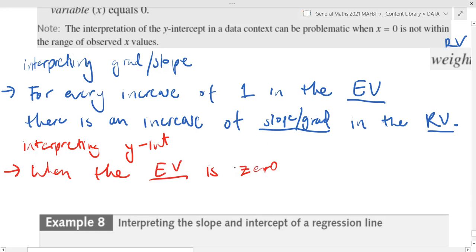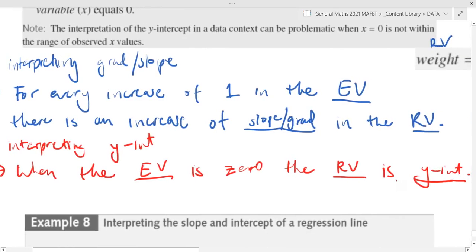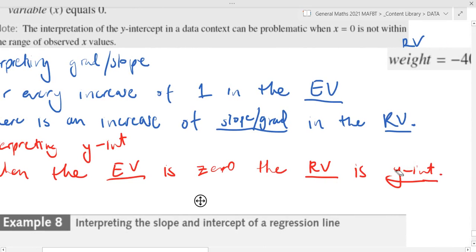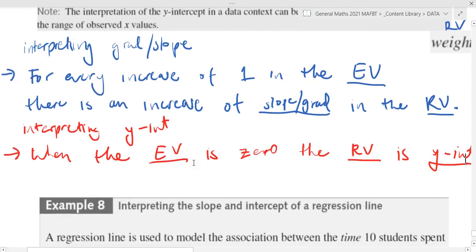Okay, so when the EV is 0, the value of the RV, whatever the RV is, is the y-intercept. That's basically all it is for the y-intercept. So when the EV is 0, the RV is whatever the y-intercept value might be. Alright, so that's how we interpret both of them.